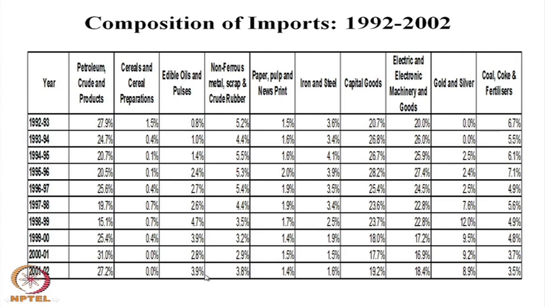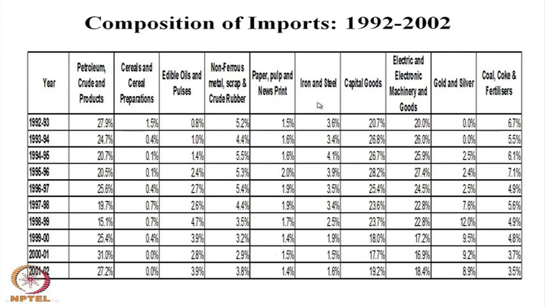This constitutes nearly 5% of our import basket. Non-ferrous metals also constitute nearly 5%. Paper, pulp and newsprint items constitute nearly 2% of our import basket.